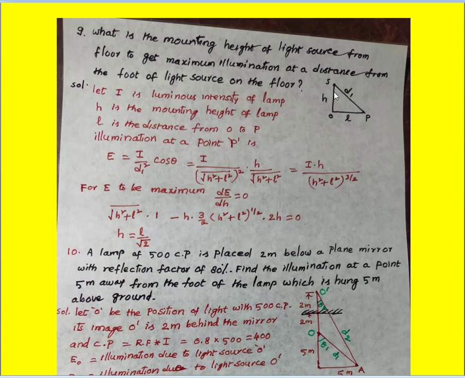So that is nothing but the adjacent side, H, divided by the root of H square plus L square. So when we simplify this, we get I into H divided by (H square plus L square) whole to the power of 3 by 2.